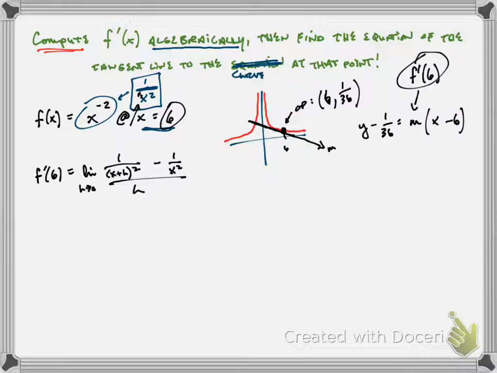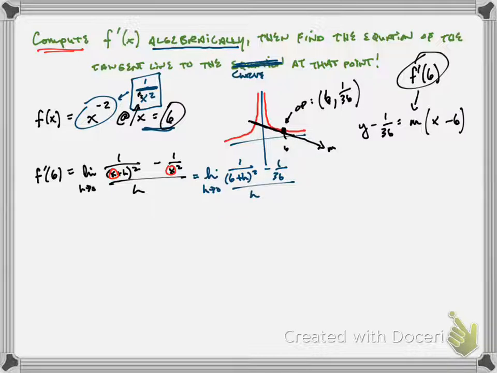And I apologize, I did it again. I like to substitute. Technically, the order doesn't matter, but I should have substituted my 6 here and here. I like to do that personally. I just forgot. So we can write then the limit as h goes to 0 of 1 over 6 plus h quantity squared minus 1 over 36 all over h.